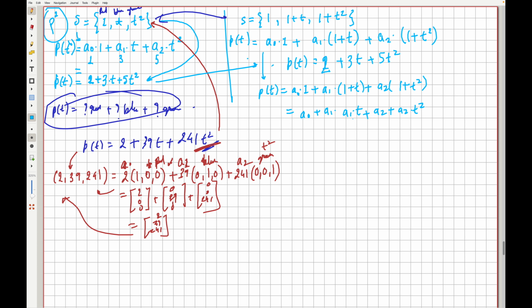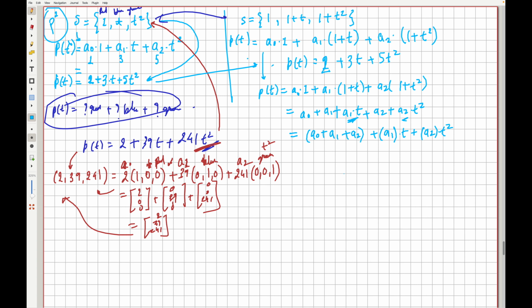We can now combine these so that the coefficients are aligned. We can write this as a0 plus a1 plus a2 by itself, and then plus a1 times t, and then plus a2 times t squared.